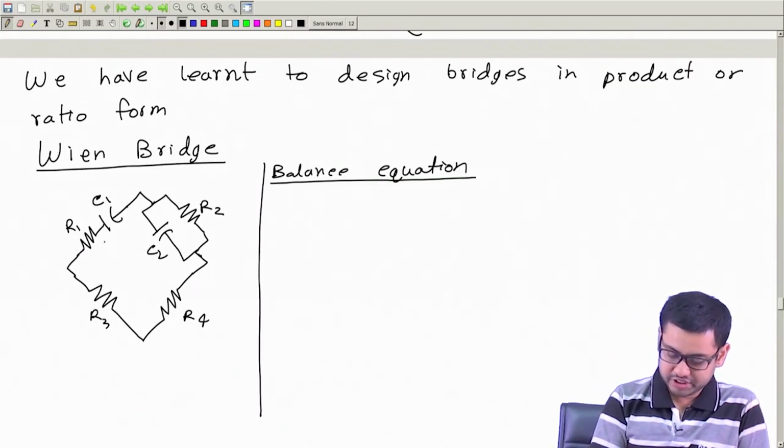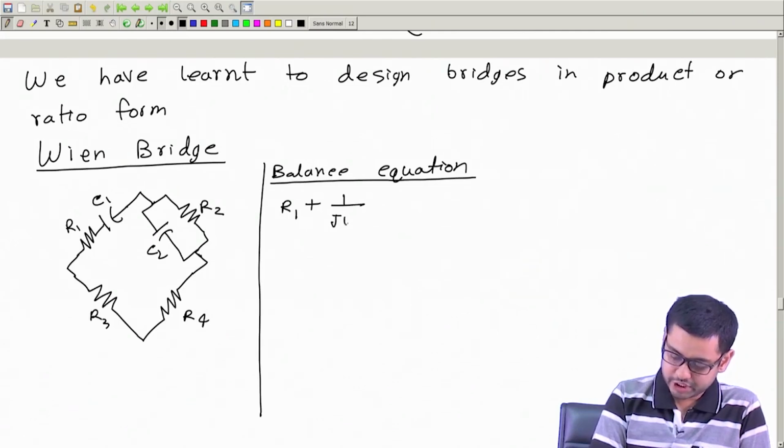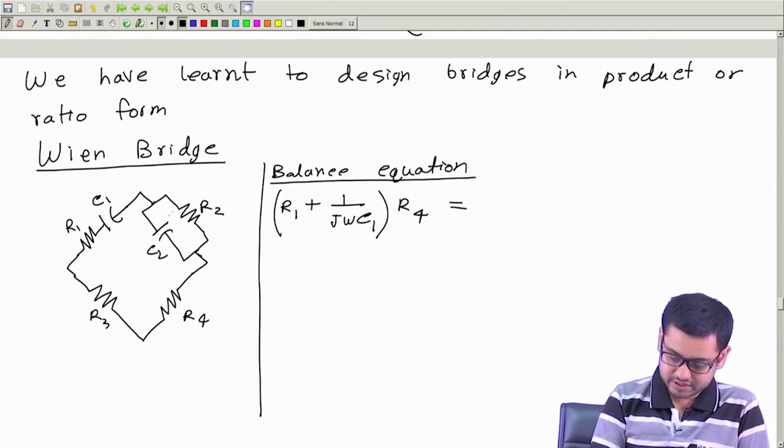So, how do we proceed? We will proceed by the simple rule Z1 by Z2 equal to Z3 by Z4, like that. Okay. So, let us write this as Z1 is R1 plus 1 over j omega C1, this branch. Okay. And let me multiply this with R4, and here let us write this branch Z2.